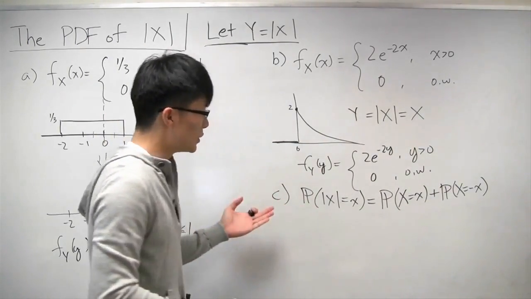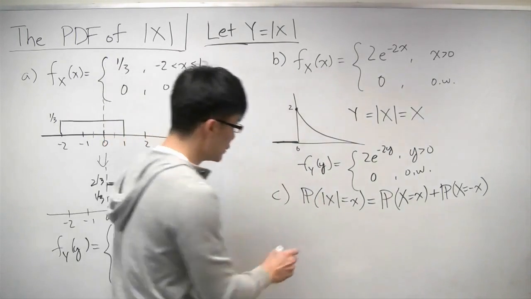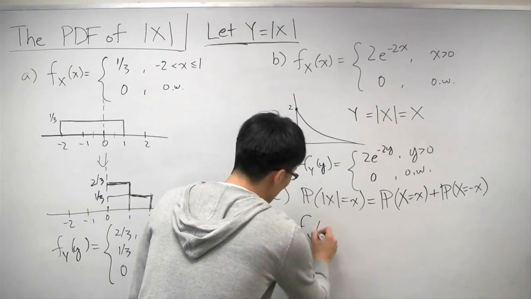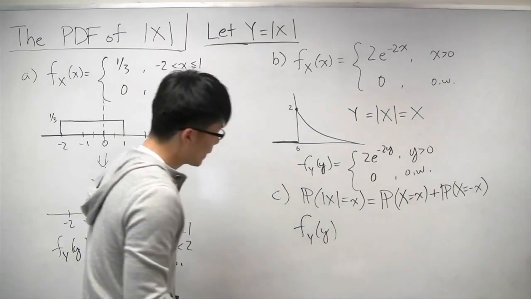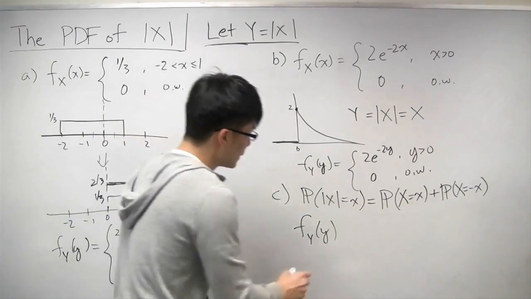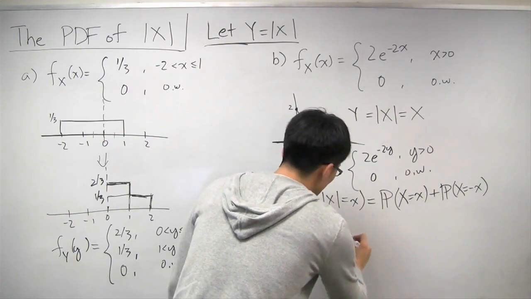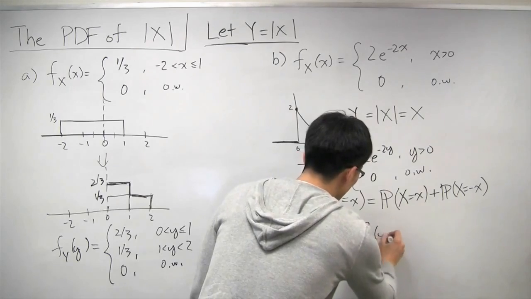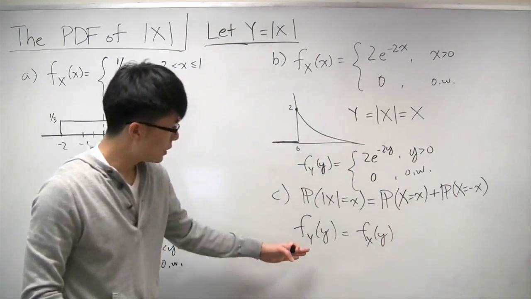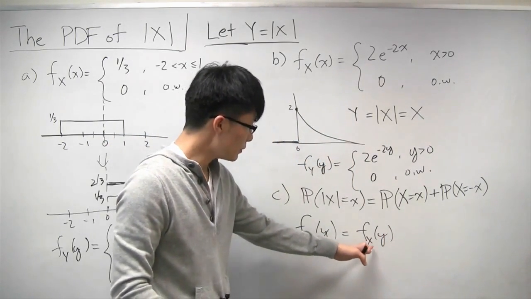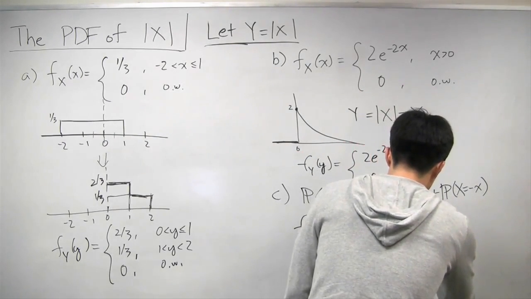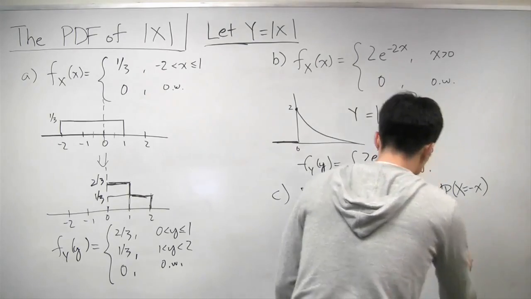And so to generalize in the continuous case with PDFs, you get something that looks very similar. In this case, the PDF of y is just the PDF of x at y, so this is the case where x is just equal to y, plus the PDF of x evaluated at negative y.